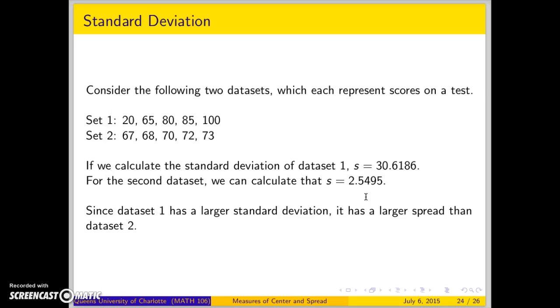So if you calculate the standard deviation for both of the data sets that we've been talking about, the first one has a standard deviation of 30.6186. And then the second one we just calculated together, and that's 2.5495. And therefore, data set 1 has a larger standard deviation, so it is more spread out than data set 2.